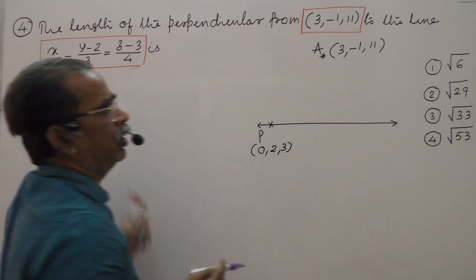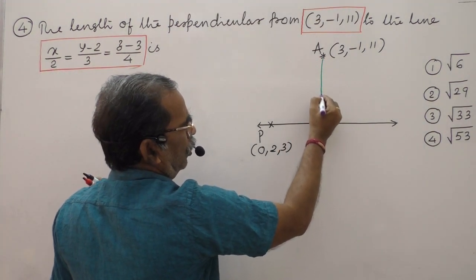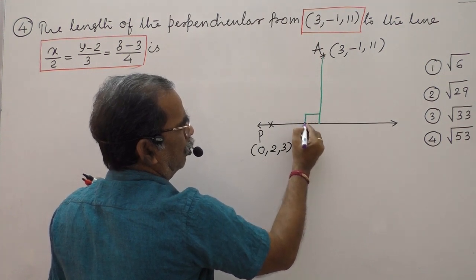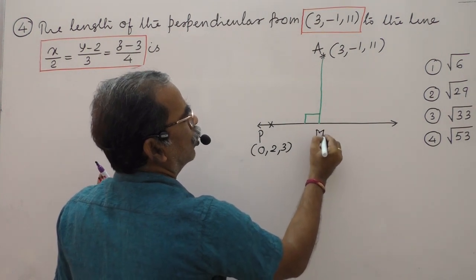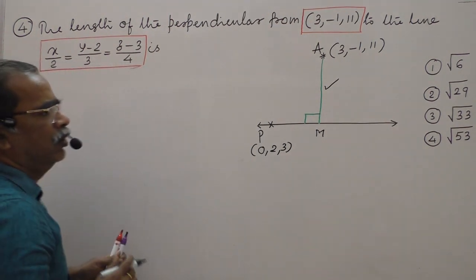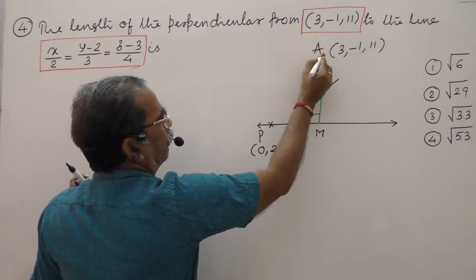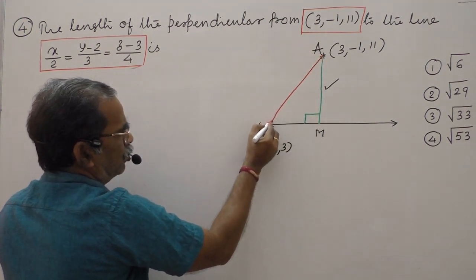What is asked here? Length of the perpendicular from the given point to this line. Say this is M. So here we need to find AM value. So what I do, I can find this distance, no? Because I have these 2 points.